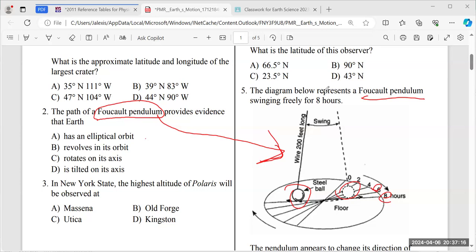So this is evidence that the Earth rotates on its axis, not revolves. Rotating is basically you standing up and doing a spin. That is a rotation. You going around something is a revolution.